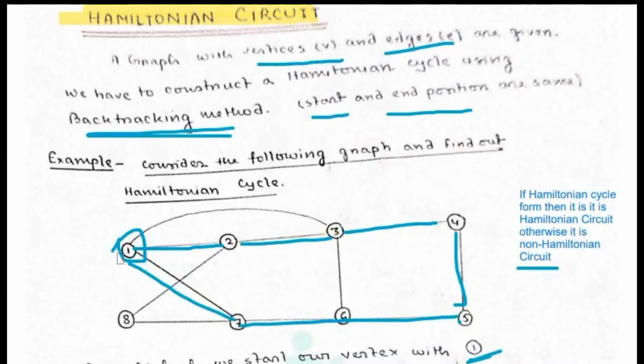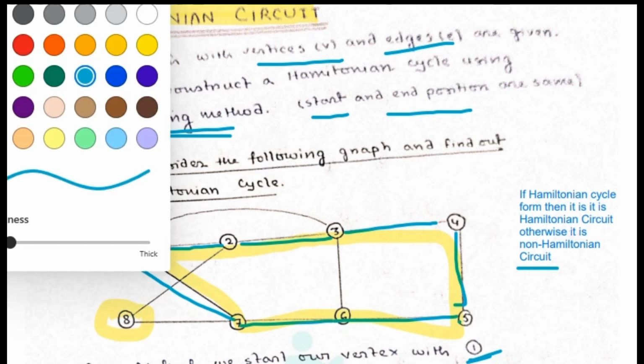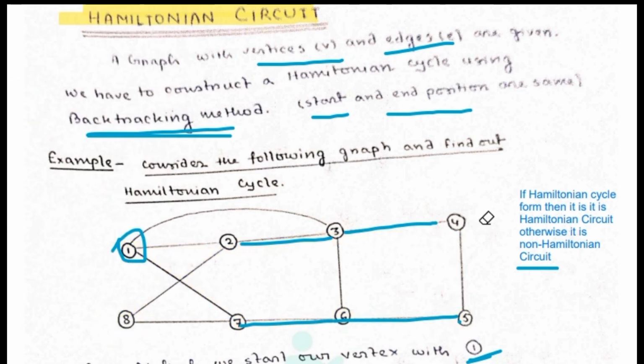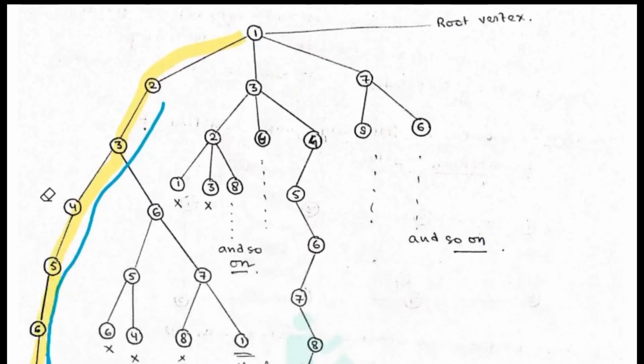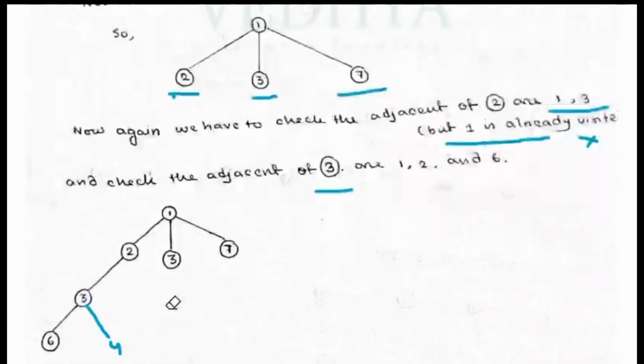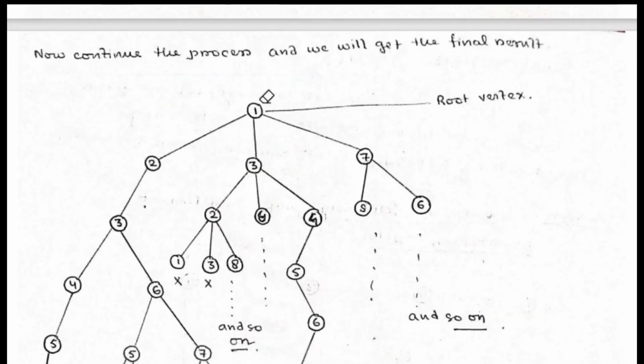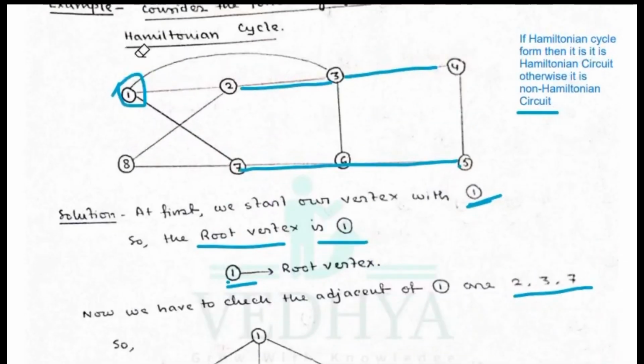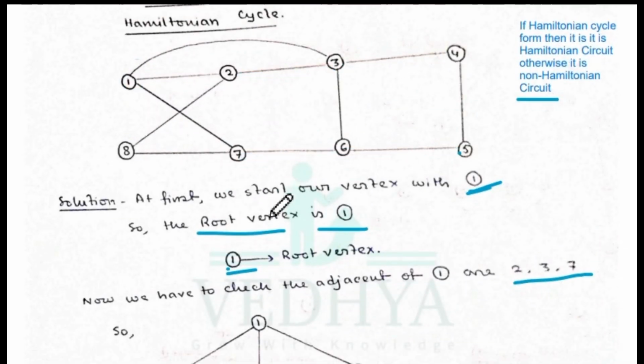This path does not visit all vertices, so this is also not granted. So it may be the case that the initial and last position are the same, but not all the vertices are covered, so we have to cover all the conditions. Okay, so we have to backtrack all the outcomes.